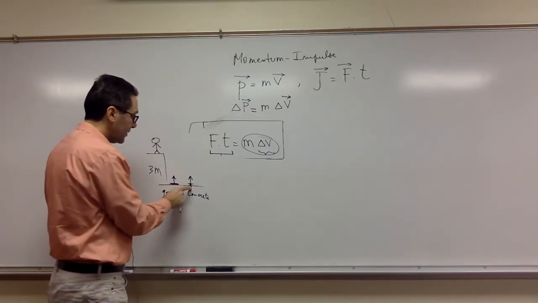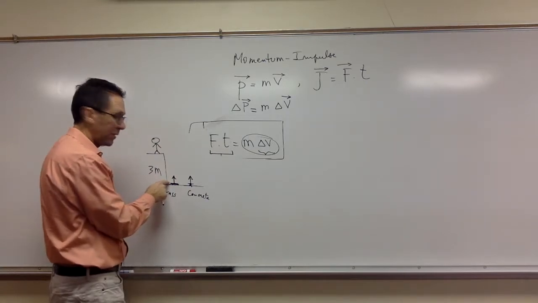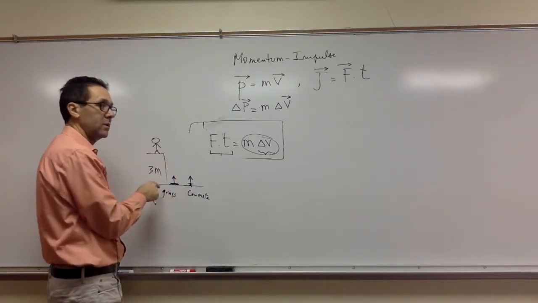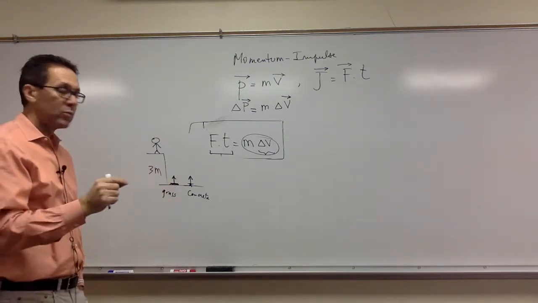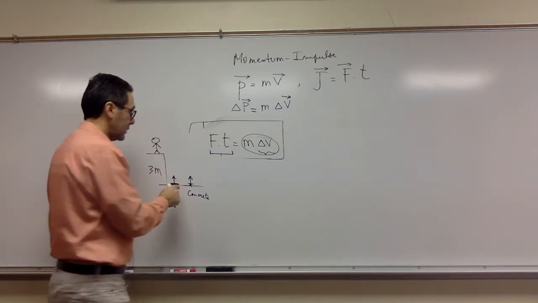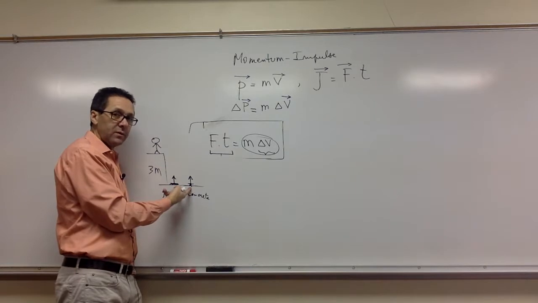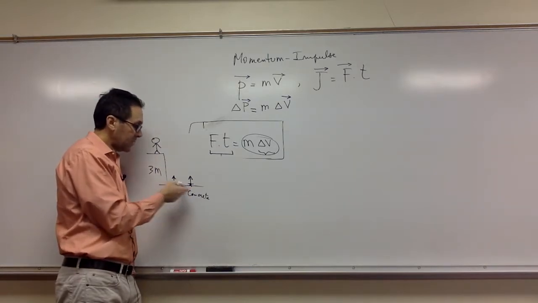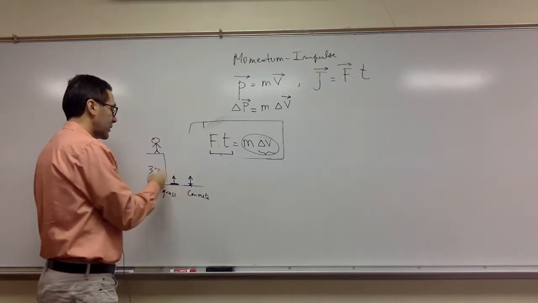So the change in velocity is going from a certain velocity right before hitting the ground, which we can calculate, by the way, and stopping, because you don't stop right away. It takes a fraction of a second for you to stop. So now you can see that the delta V, whether you land on grass or concrete, is the same. In other words, you're going to go from a certain speed, which we can calculate.